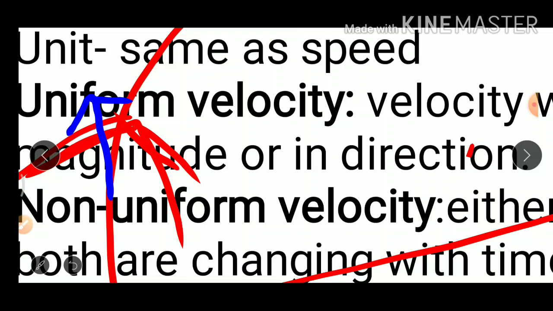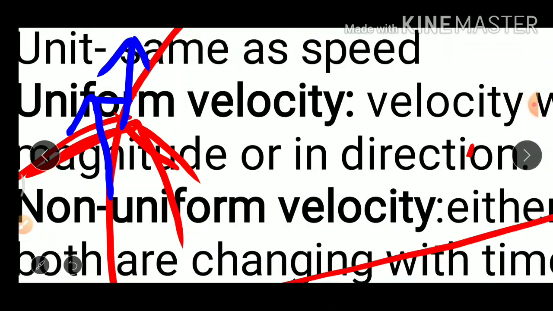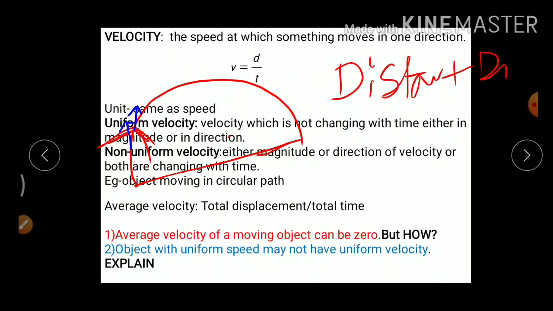Similarly, after some time, when this particle moves in this way, this is the direction. That means it is continuously changing its direction. So this is a case of non-uniform velocity.